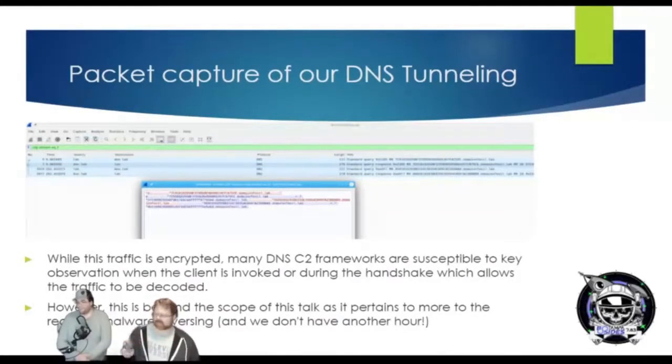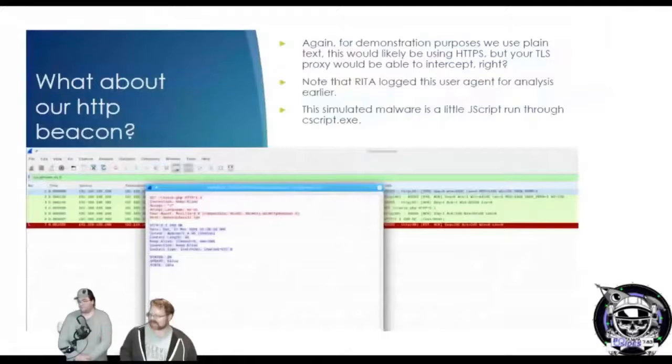You can catch that initial handshake, and that'll allow the traffic to be decoded very often. However, like I said, we're not going to get too deep into reversing the ciphers and things like that. That's a separate talk, and basically we want to stay within our time slot.